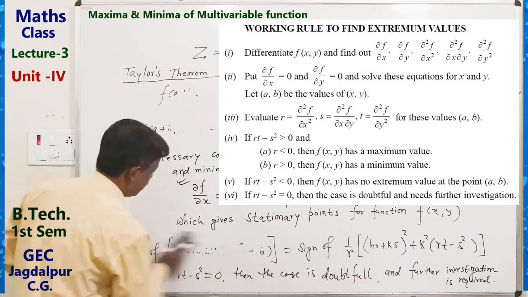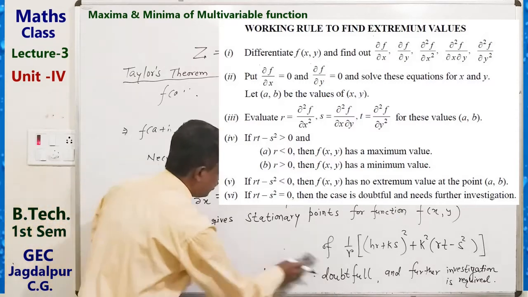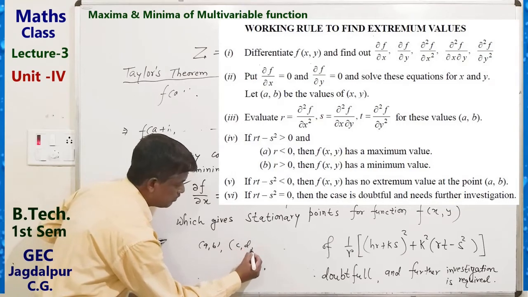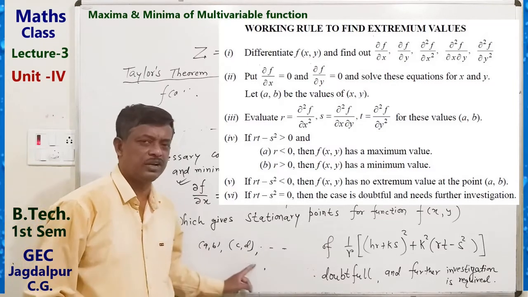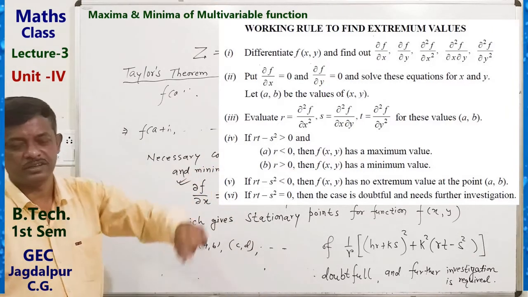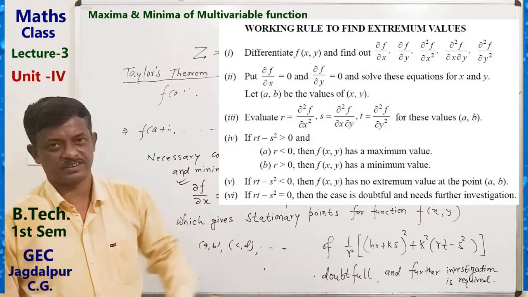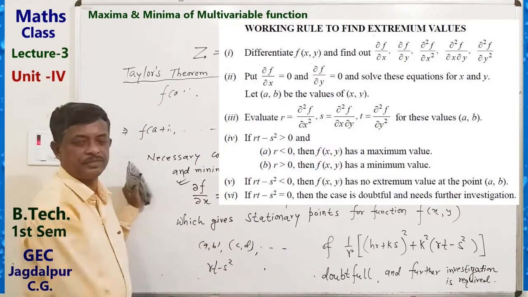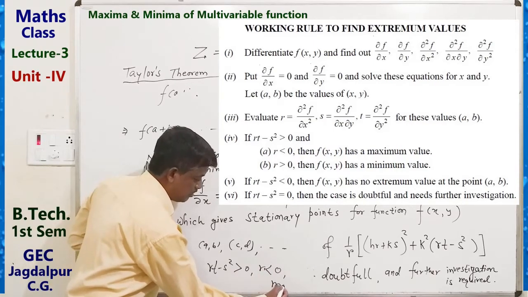There may be 1 point, 2 points, 3 points as ordered pairs, like (a, b), another point (c, d). For each point we test this. Find r, s, t and test the value of rt minus s square. If rt minus s square is greater than 0 and r is less than 0, maxima.